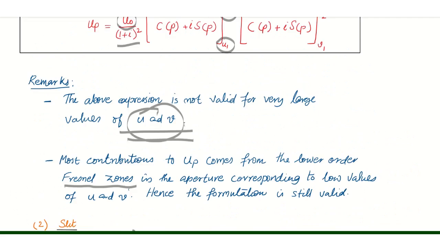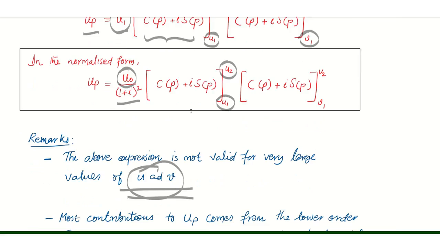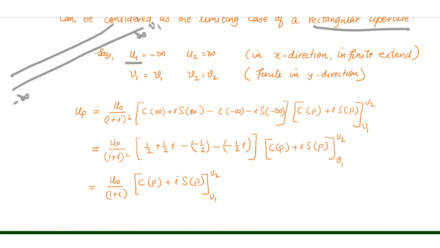According to this formula, for one of them we give the limit minus infinity to plus infinity, and therefore C infinity plus i S infinity minus C minus infinity plus i S minus infinity.